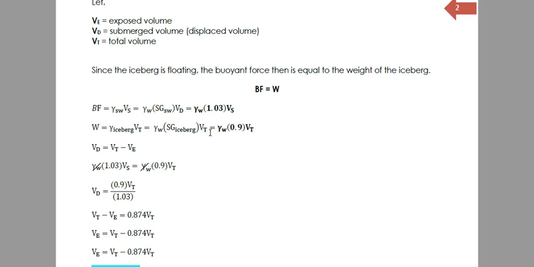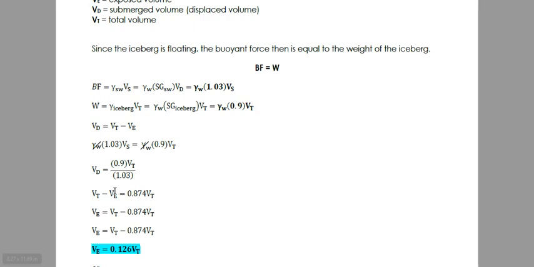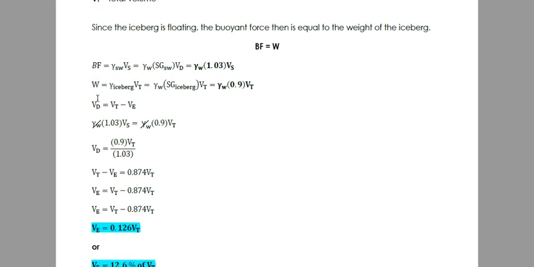Now, going back to our working equation, BF is equal to the weight. So, substitute natin ito. So, BF is gamma of water times 1.03 times VD equals gamma of water times 0.9 times VT. Cancel yung gamma ng water dyan. Then we cross multiply. VD is equal to 0.9 over 1.03 times VT. Ayan.